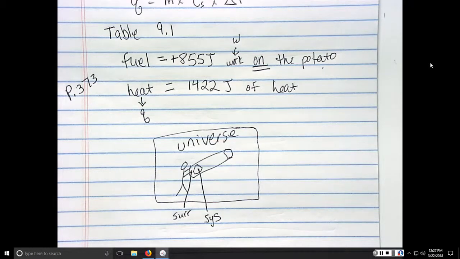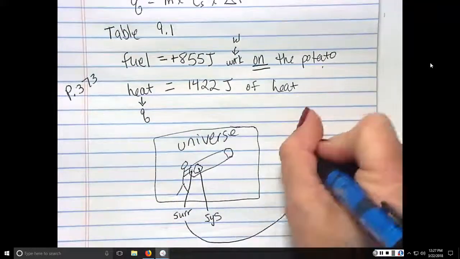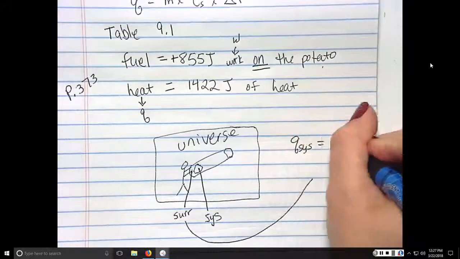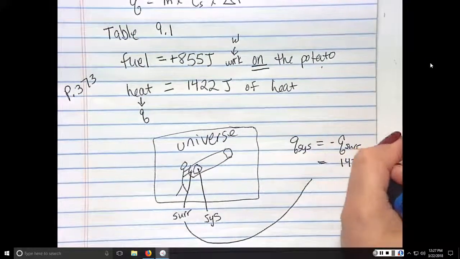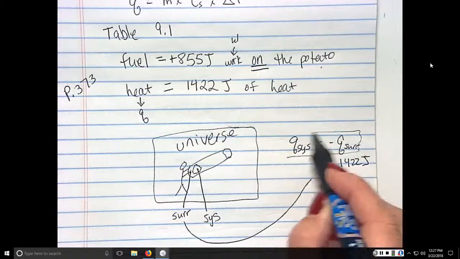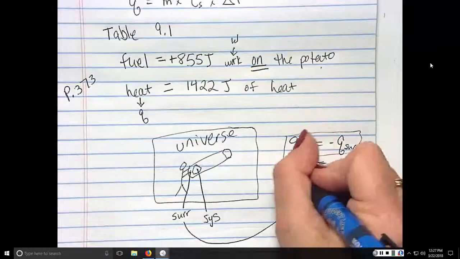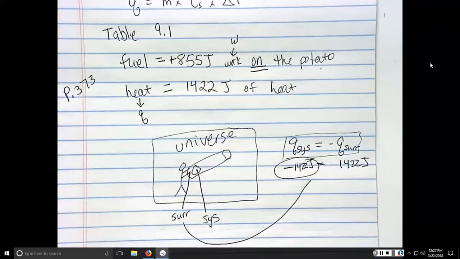So what we know is that the surroundings produced 1,422 joules of heat. That means, given this, the system must be 1,422 as well. Okay? If the surrounding is losing, the system is gaining, and vice versa.